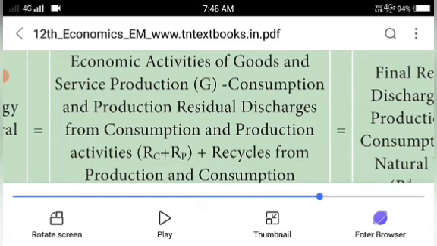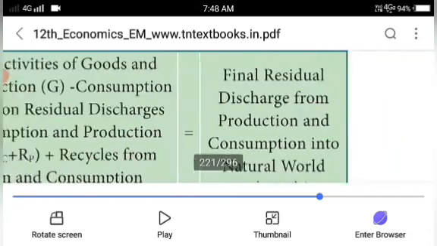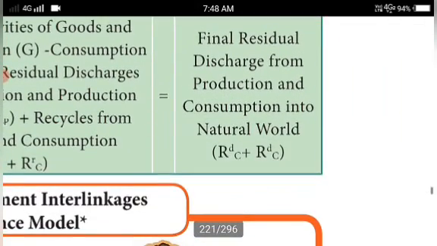RC plus RP are the residual discharges from the consumption and production activities, plus the recycled amounts from production and consumption. The final residual discharges from the household and from production and consumption go into the natural world.